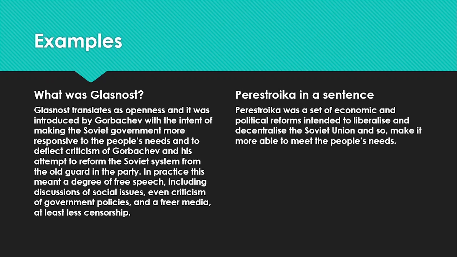Well, it translates as openness, and it was introduced by Gorbachev with the intent of making the Soviet government more responsive to the people's needs, and to deflect criticism of Gorbachev and his attempt to reform the Soviet system from the old guard in the party. In practice, this meant a degree of free speech, including discussions of social issues, even criticism of government policies, and a freer media, at least less censorship.